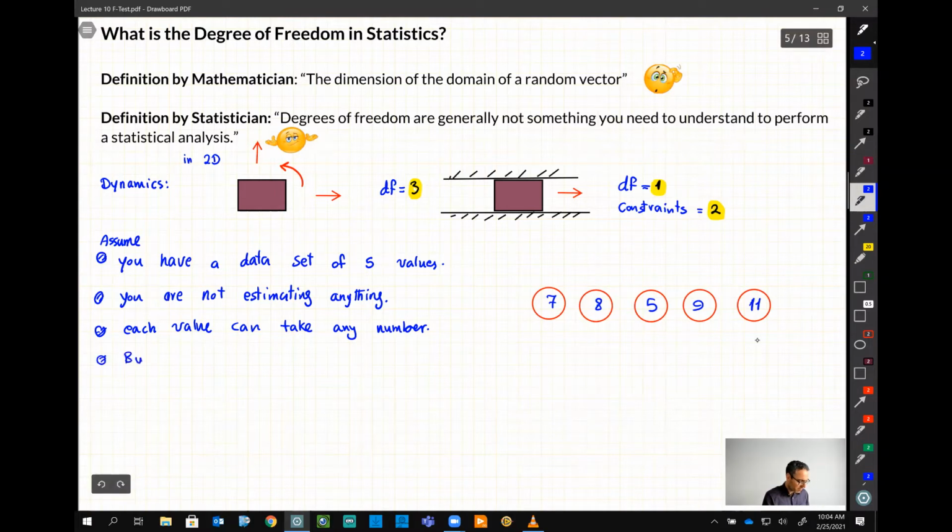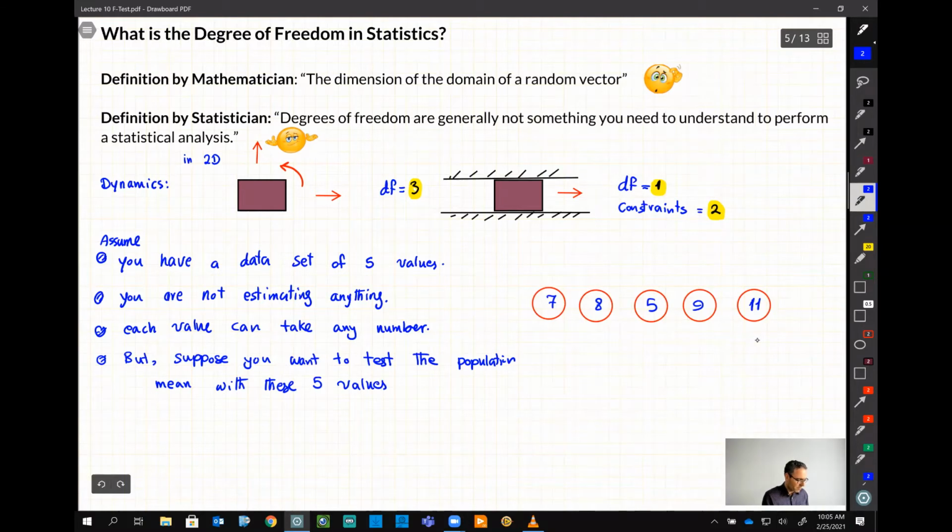But now suppose you want to test the population mean with these 5 values.